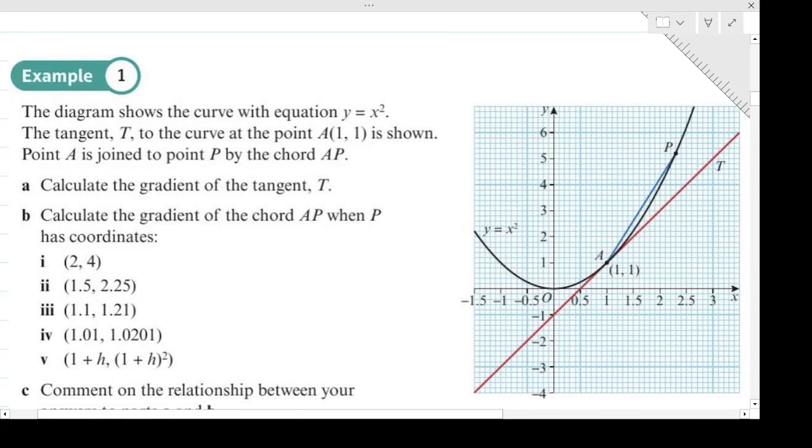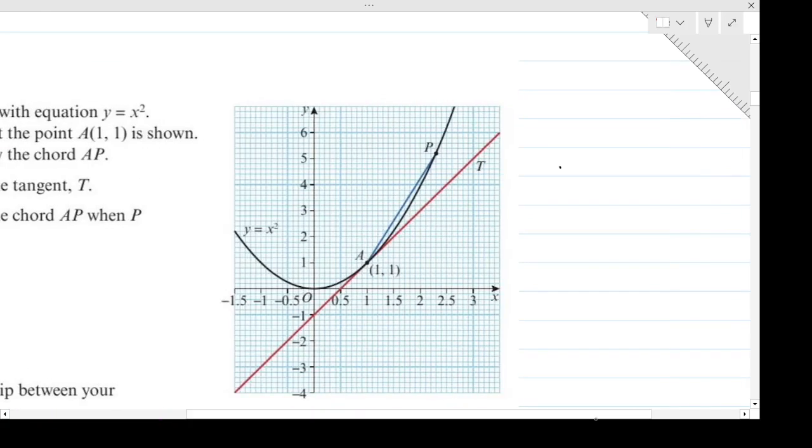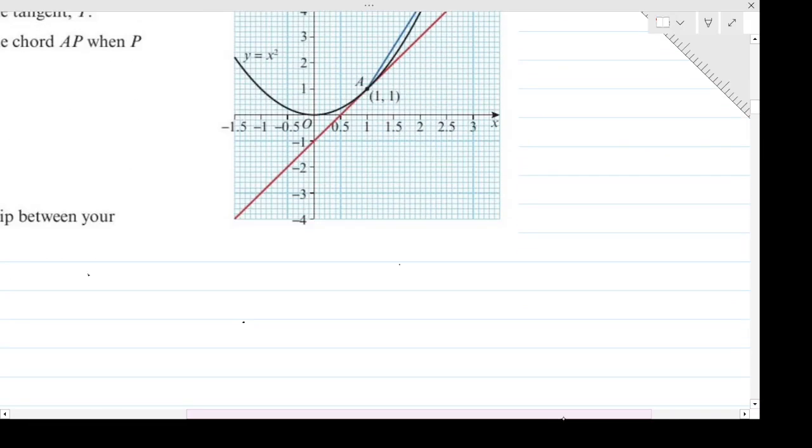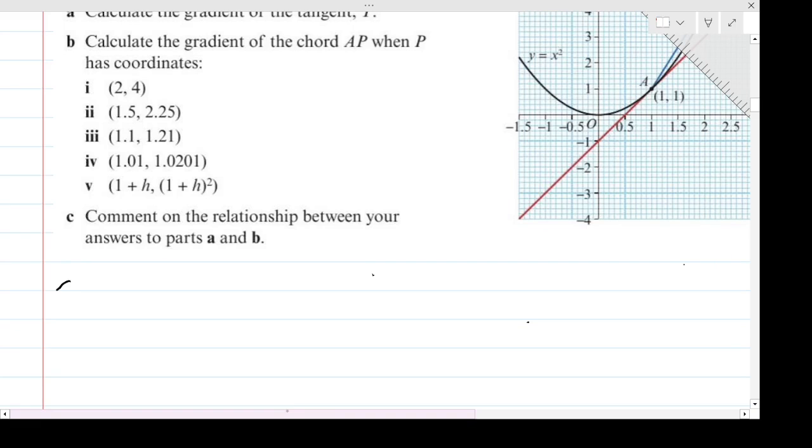Firstly, we need to calculate the gradient of the tangent. The tangent again is the red line here. Think back to GCSE or chapter 5 when we looked at straight lines. The gradient of a line is simply the change in y over the change in x.